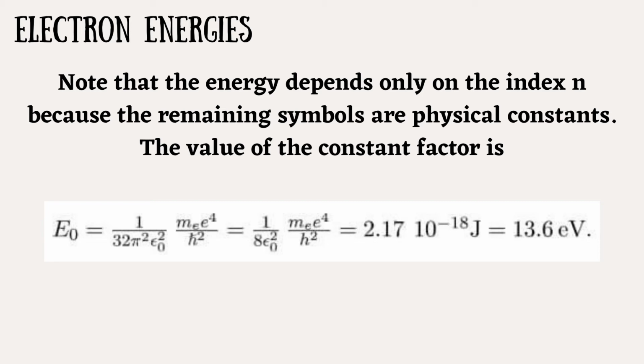The value of the constant factor is E0, equal to 1 over 32 pi squared epsilon squared sub 0 times m_e e raised to 4 over h squared, which is equal to 1 over 8 epsilon squared sub 0 times m_e e raised to 4 over h squared, which is equal to 2.17 times 10 raised to negative 18 joules, or 13.6 eV.